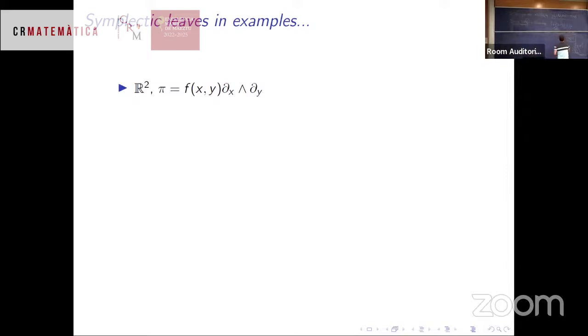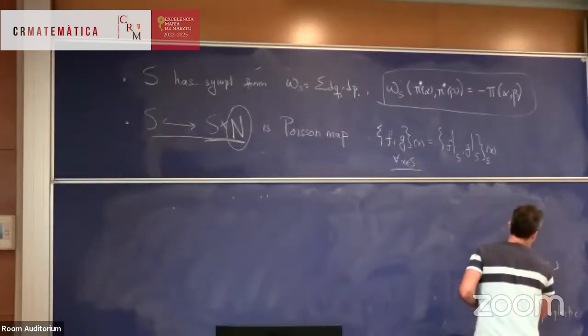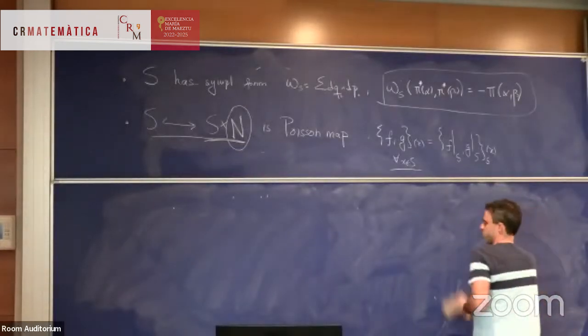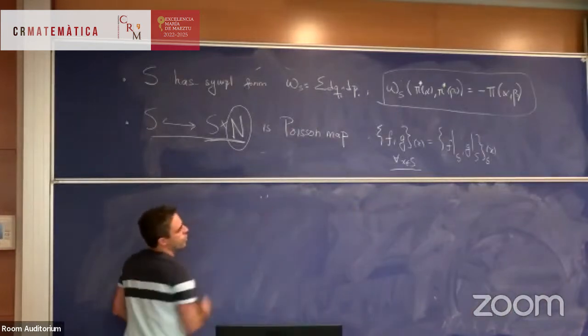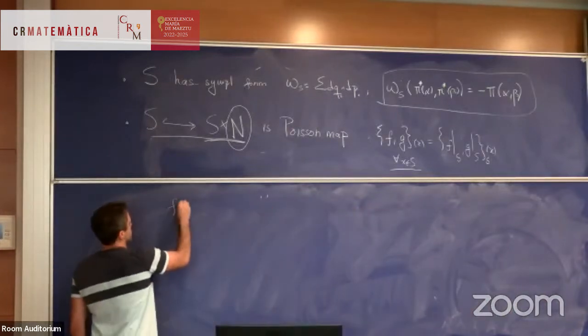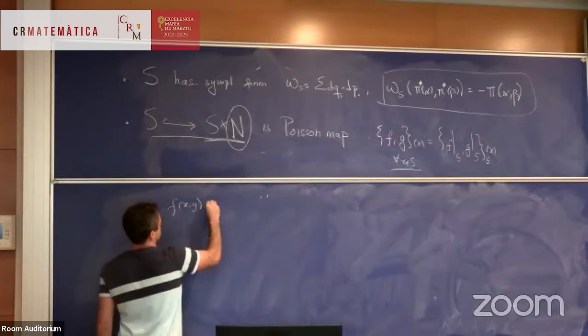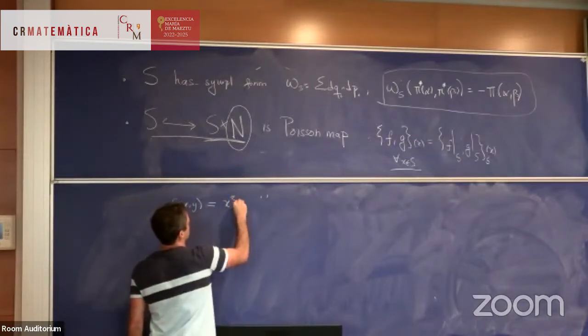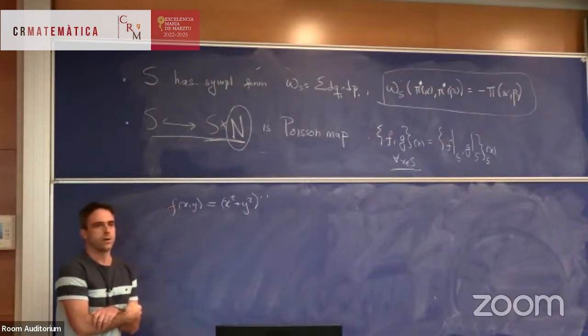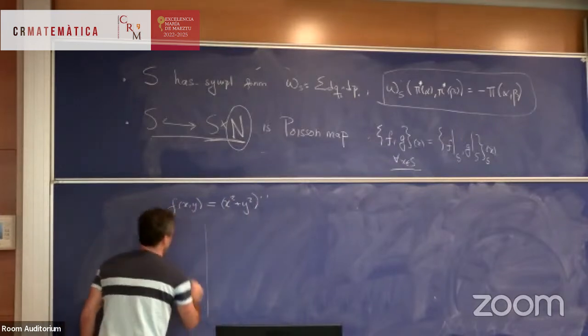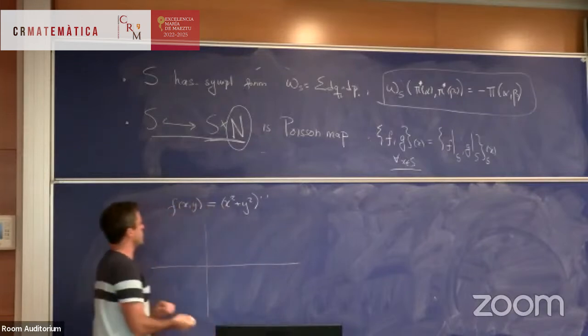As we saw in R2, any bivector field is necessarily of this form and is Poisson by dimension reasons. So if you choose whatever different functions, for example this one, you see that symplectic leaves will look as follows.